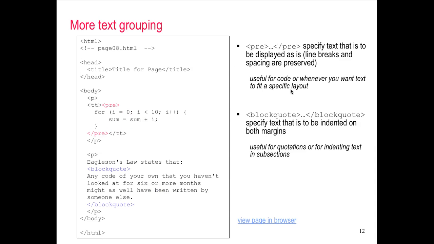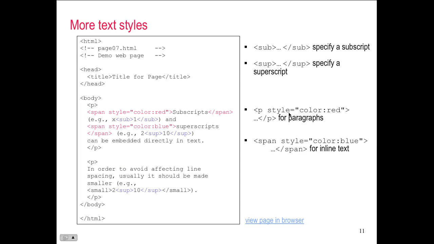For P, the style is going to be color red for the paragraphs. We're going to change the color to red. Span, the style, which is going to be another section. This isn't for inline text. We're going to say that it's going to span, style color is going to be red.